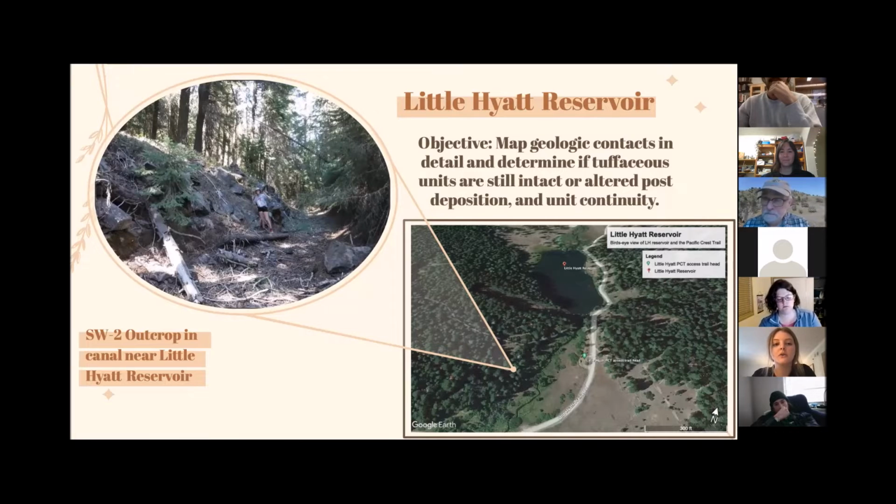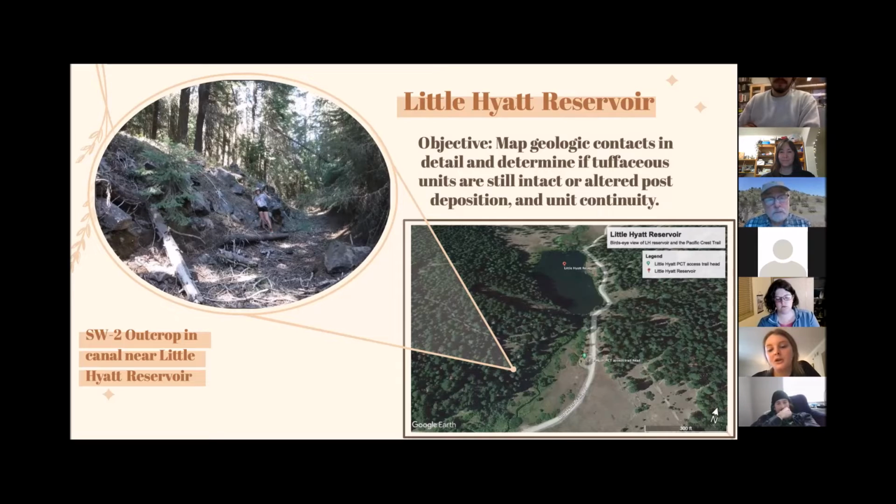But we wanted to see how intact all of these contacts were and how much weathering was occurring, because when you have tuff like this, ashfall, it's not super lithified in the sense that it erodes a lot quicker, so it doesn't last very long.